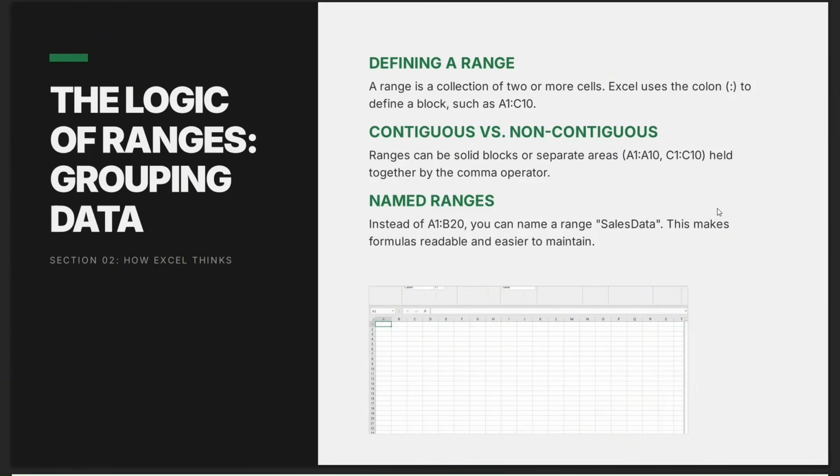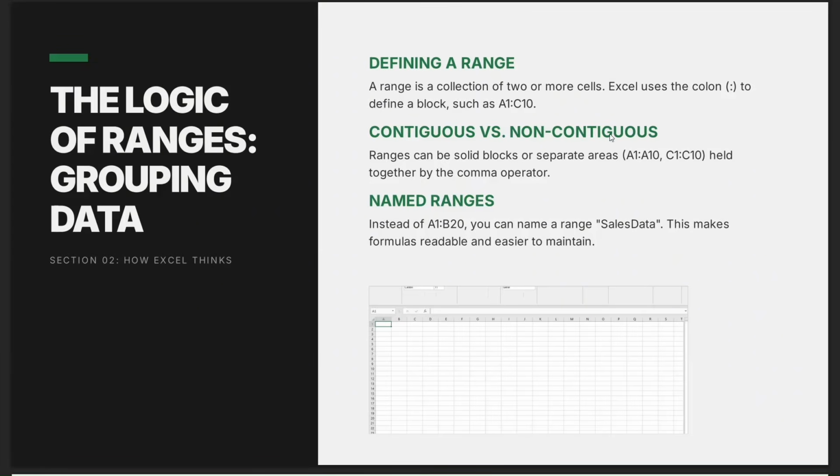The logic of ranges, grouping data. Defining a range is just a collection of 2 or more cells, and we usually reference these in Excel with a colon to define a block, such as A1:C10. That just means the range of A1 to C10. Contiguous and non-contiguous data are ranges that can be solid blocks or separate areas, and they're held together by a comma.